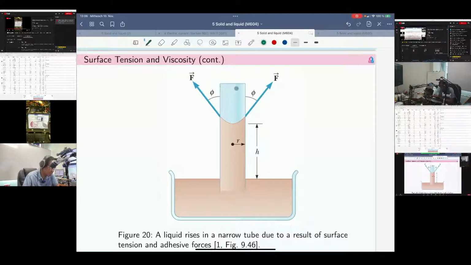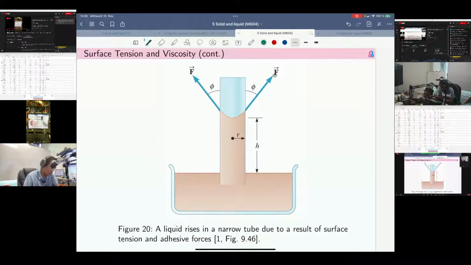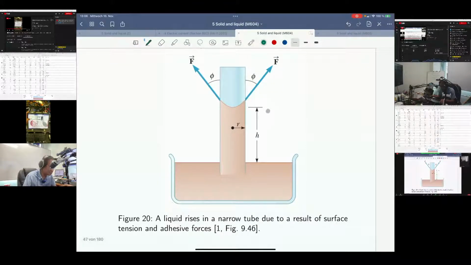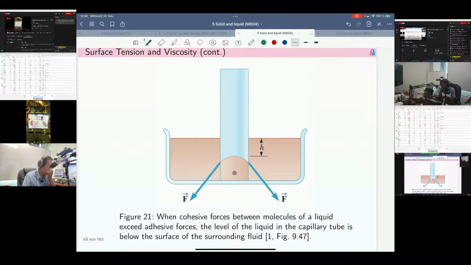And let's say this is a typical cylinder tube, and it has a radius, and that radius is called the variable r. The surface tension is the force F, that's what we have seen before in the last lecture. And in the mercury case, the mercury level is going to be lower than the typical level in the big container.